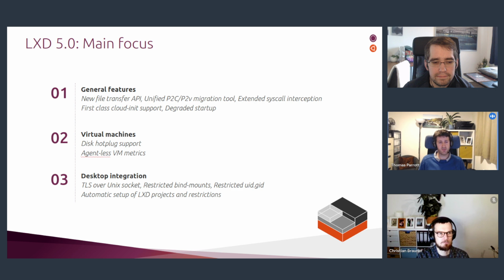The next problem is that normally we would use something like shiftfs or ID mapped mounts to allow the container or the virtual machine to access the disk share that's been passed in using the actual user IDs that are on the system.